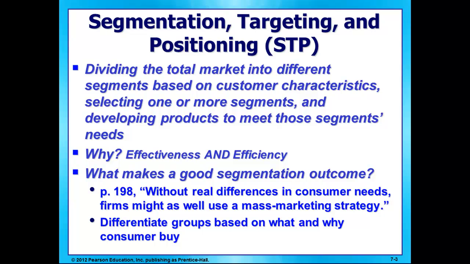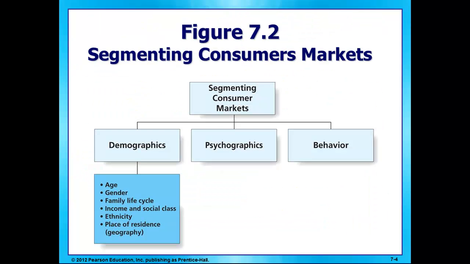And if a marketer goes through the segmentation process and doesn't find real differences in customer behavior, then the firm may as well use mass marketing. Again, the objective here is to differentiate groups of customers based on what and why and even how they buy.